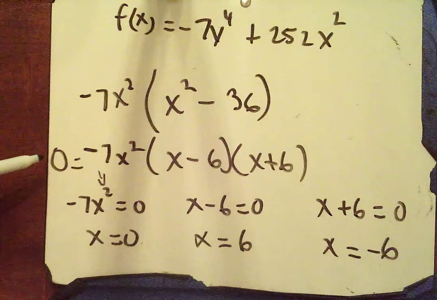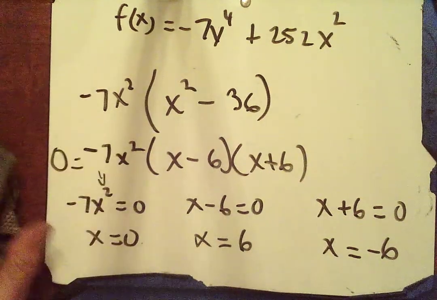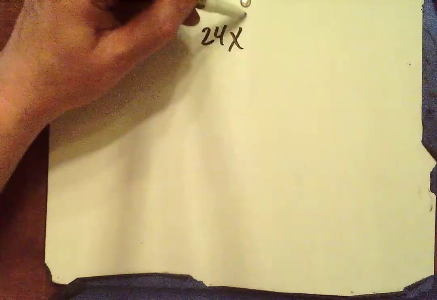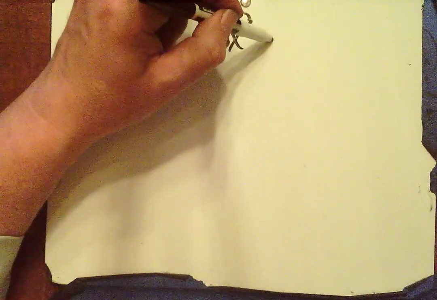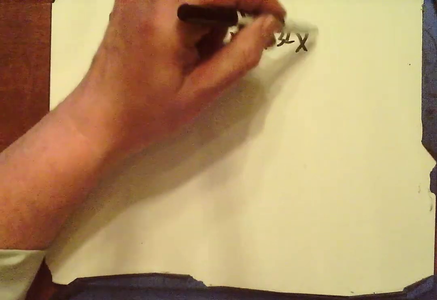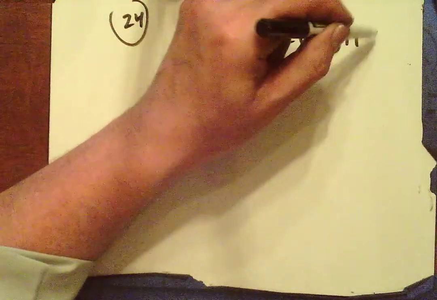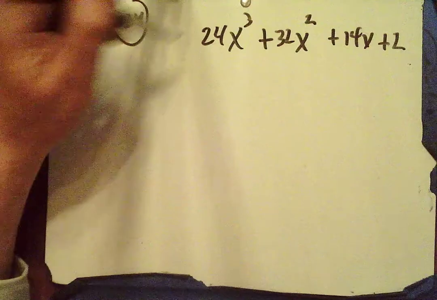All right, 24, find all the real roots. And this thing I cannot factor by grouping. So we've got 24x to the third plus 32x squared plus 14x plus 2.